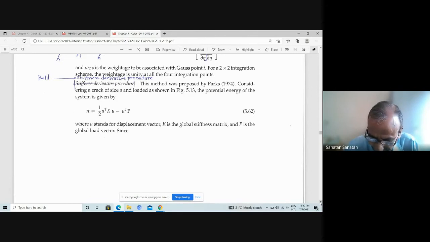If you take a single spring of stiffness K subjected to load P, then the potential energy is half K displacement squared minus the work done by the external forces, which is P into U. So the potential energy pi for this symbolic finite element form is half U transpose K U. So it is actually matrices, U matrix, K matrix. And the work done by the external forces is displacement multiplied by load. So this is the potential energy.